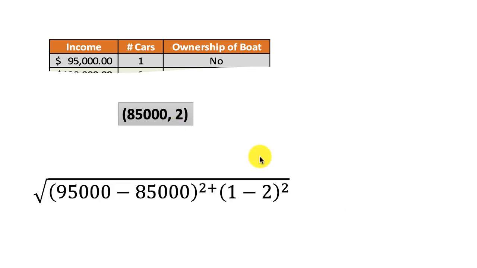Now, one way you can do it is you can use literally the distance formula, right? So think of this 85,000, 2 as a point with the x value of 85,000 and y value of 2. So it's like a point on a graph. And 95,000, 1 is another point on a graph. And think of the distance literally as the distance between those 2 points.